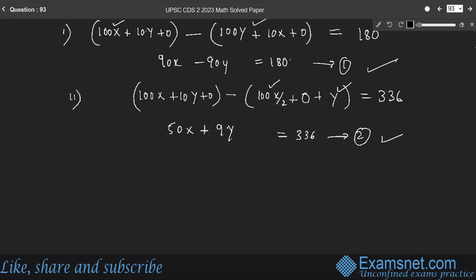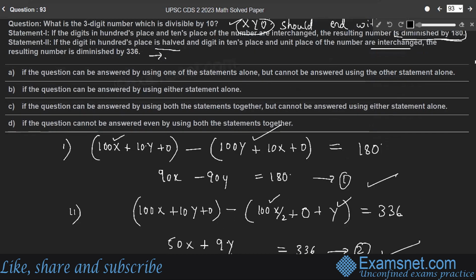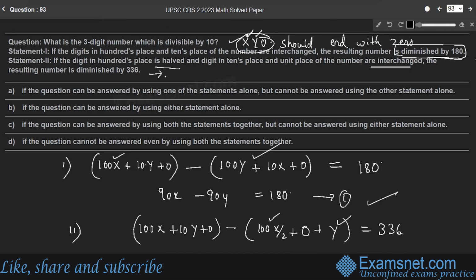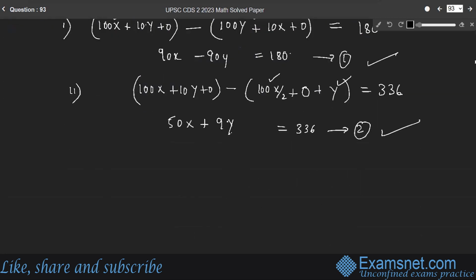By solving equations 1 and 2, we have two linear equations, right? So we can find the values of X and Y so that the final 3-digit number will be XY0, which is divisible by 10. So here, students, we'll multiply equation 2 by 10. So it becomes 500X plus 90Y is equal to 3360.